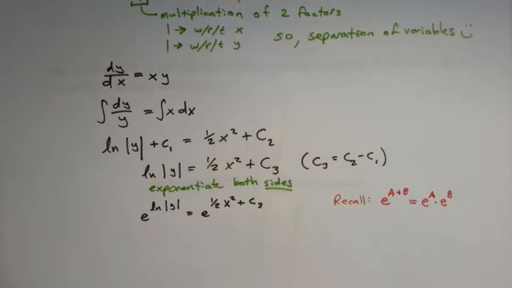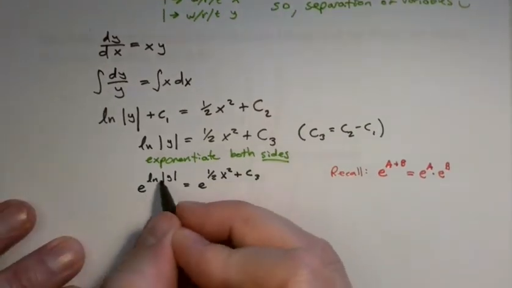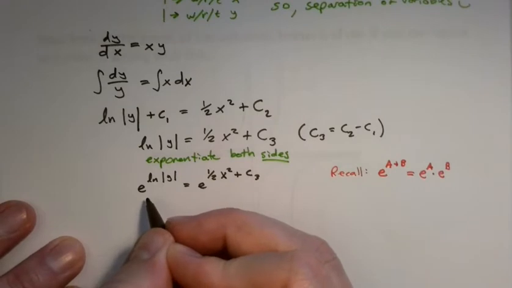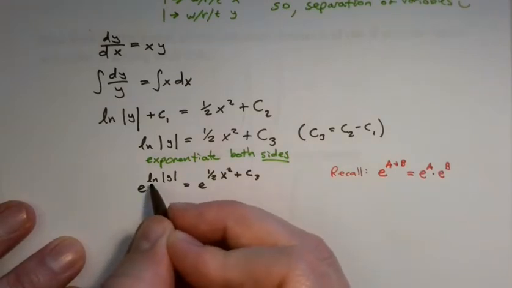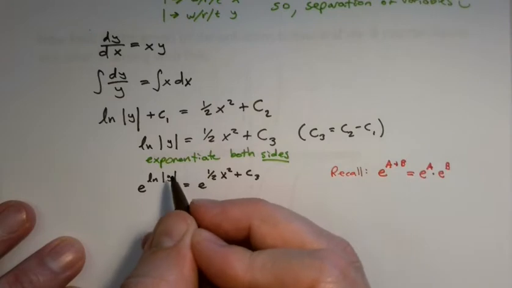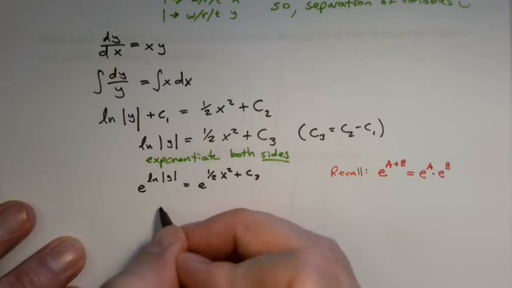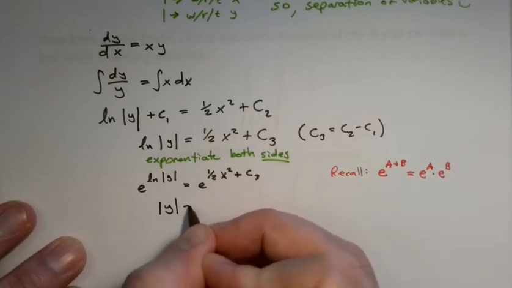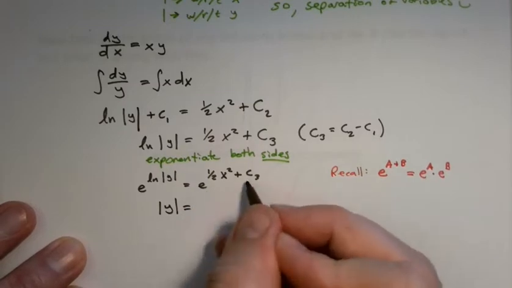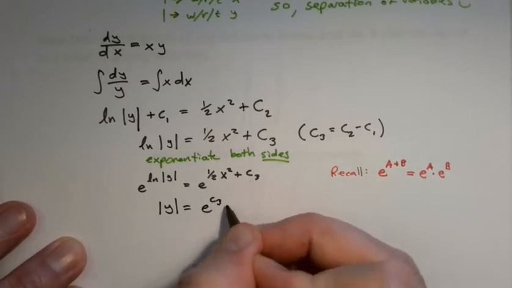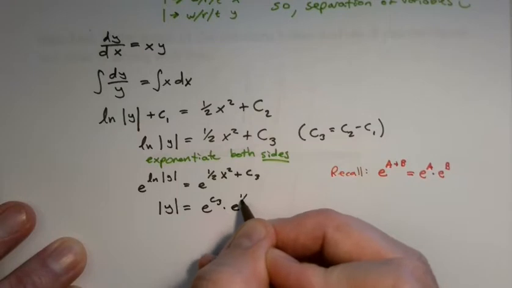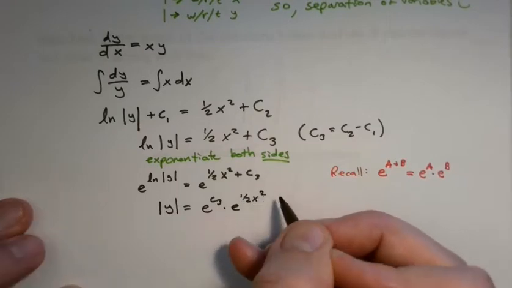So we're going to spell that out. On this side, the other one that you should remember is e to the natural log of some stuff kind of falls away. E and natural log undo each other as base and power like this. And so we're going to be left with y, or absolute value of y, equals, on this side we've got e to the constant c3 times e to the 1/2 x squared.